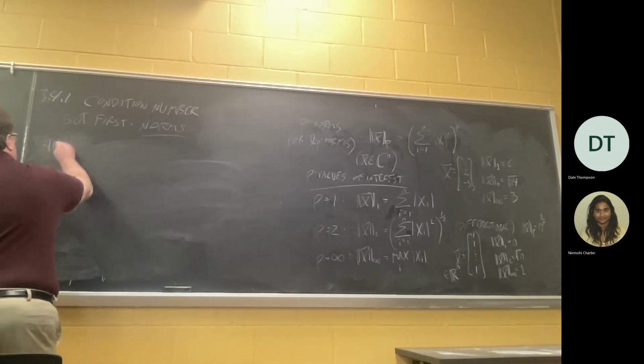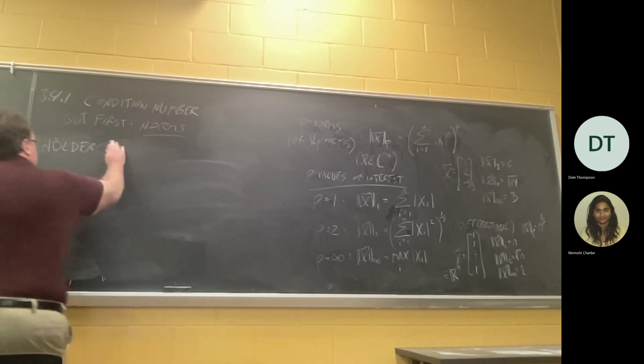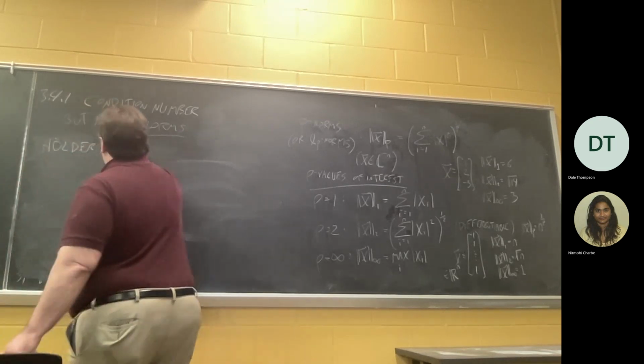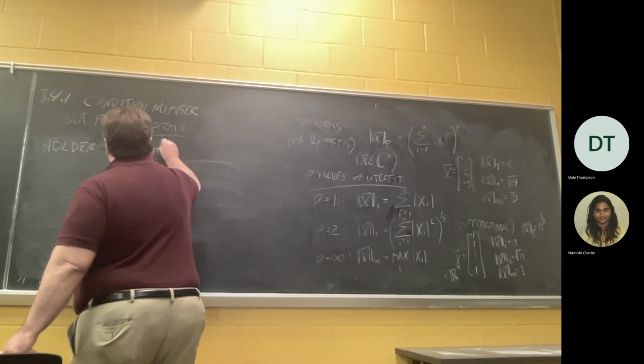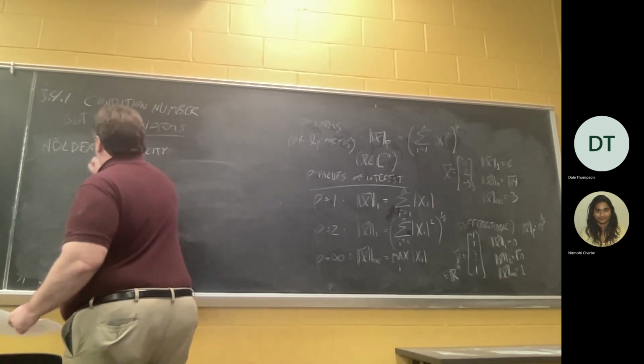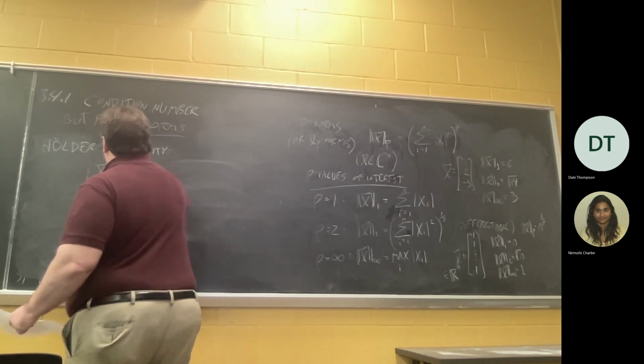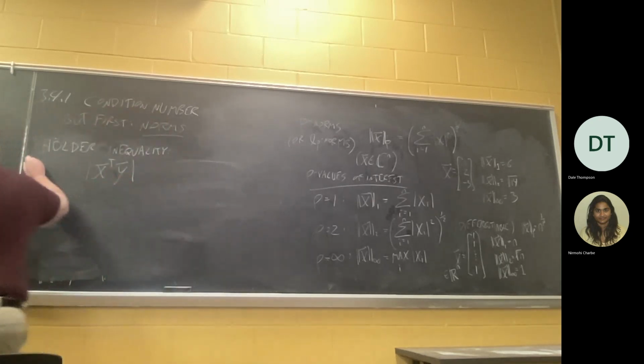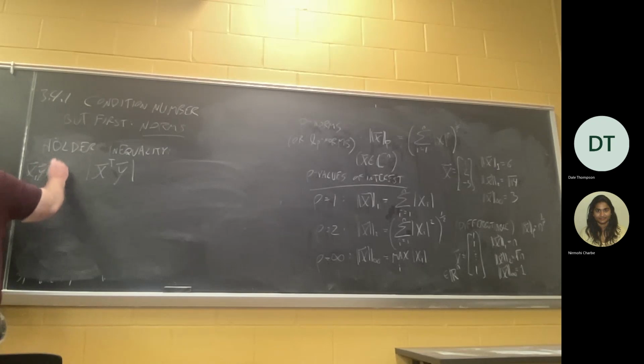So one inequality of interest is the Hölder inequality. I'm going to assume that the vectors x and y are real, in Rn.